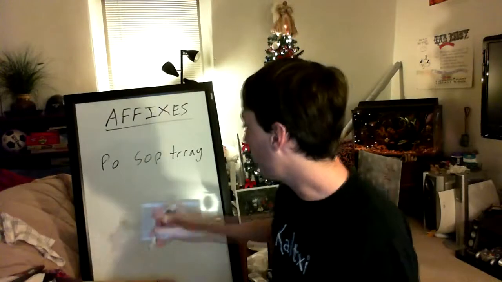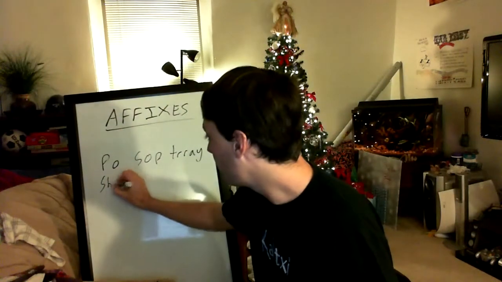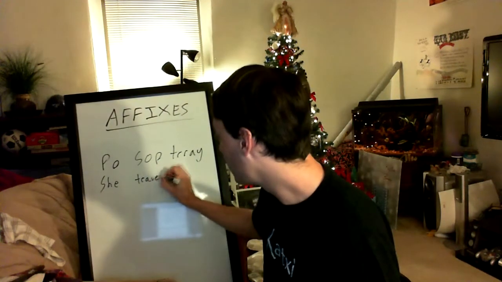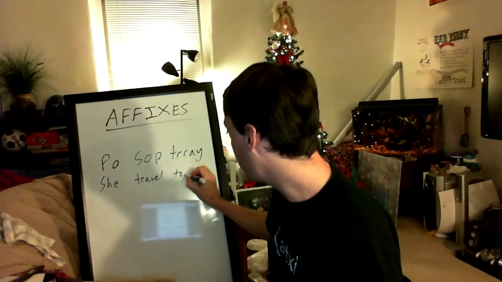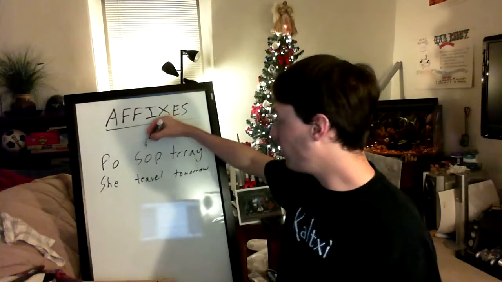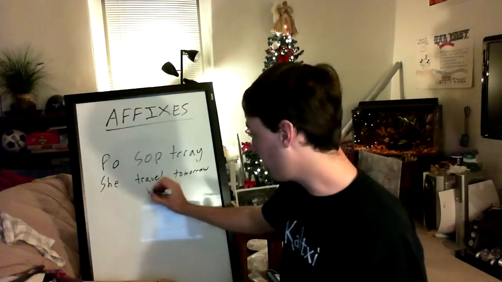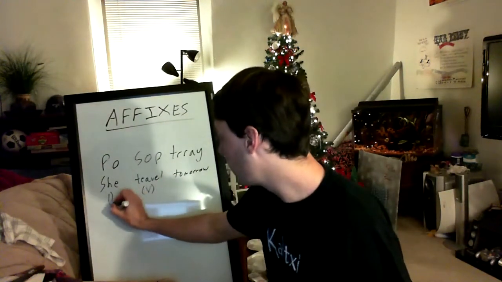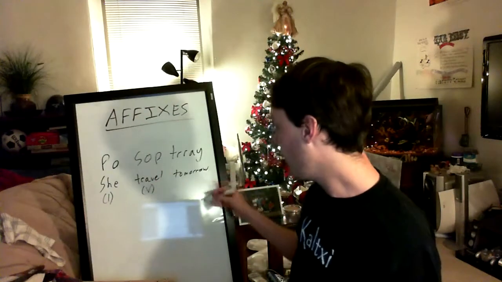So the verb here, so this is she, travel, and this is tomorrow. So this is the verb, the verb to travel. And this is the singular pronoun of she.